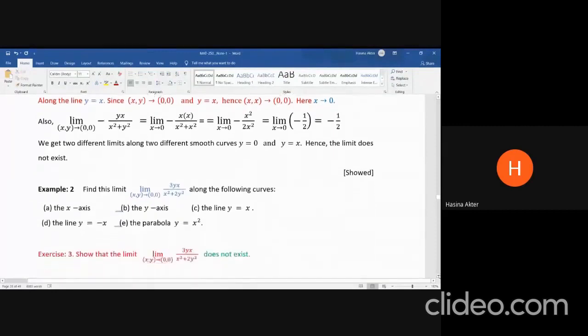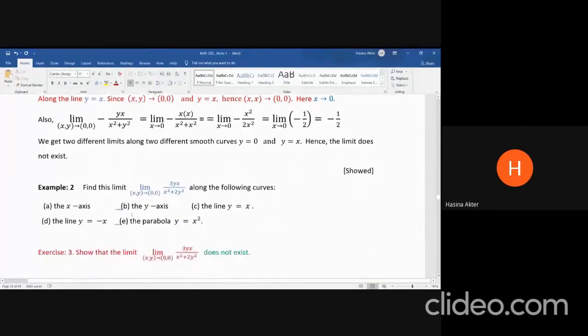Okay, for example, look at exercise 2. I have given you 5 directions, 5 smooth curves: the x-axis, the y-axis, y equals x, y equals -x, and the parabola. These two will give you the same limit.